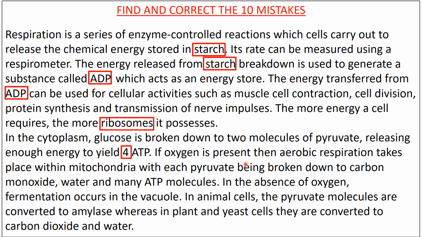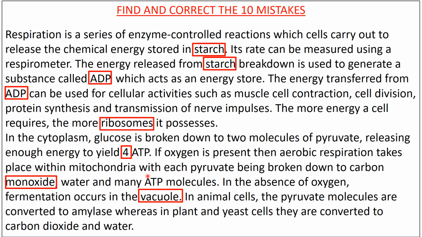If oxygen is present, then aerobic respiration takes place within mitochondria, with each pyruvate being broken down to carbon monoxide, water, and many ATP molecules. That's a mistake. It's not carbon monoxide, it's carbon dioxide. In the absence of oxygen, fermentation occurs in the vacuole. Where's that come from?